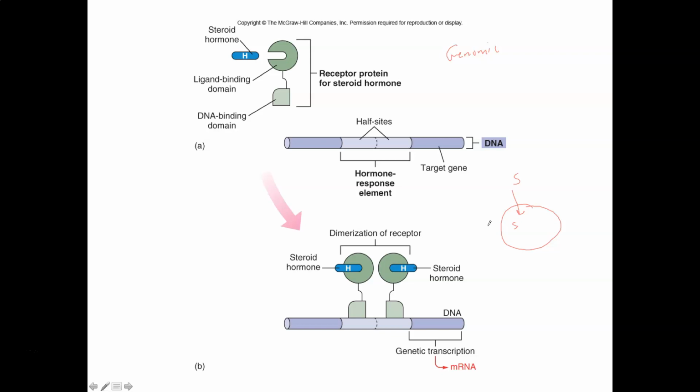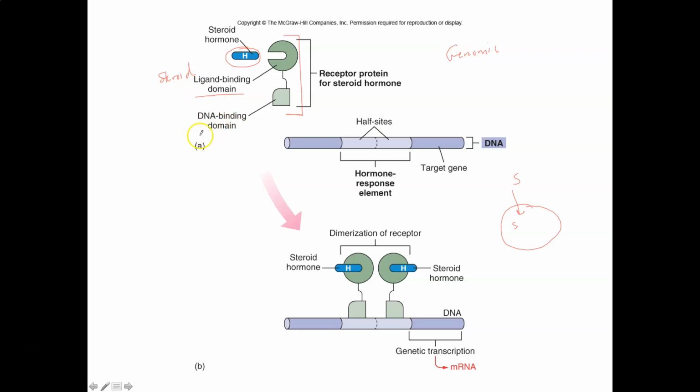These receptors have two parts to them. If this is a receptor protein for a steroid hormone, and here's our steroid hormone in blue, there are two parts to it. There's a ligand binding domain. That's the part that's going to interact with the steroid.